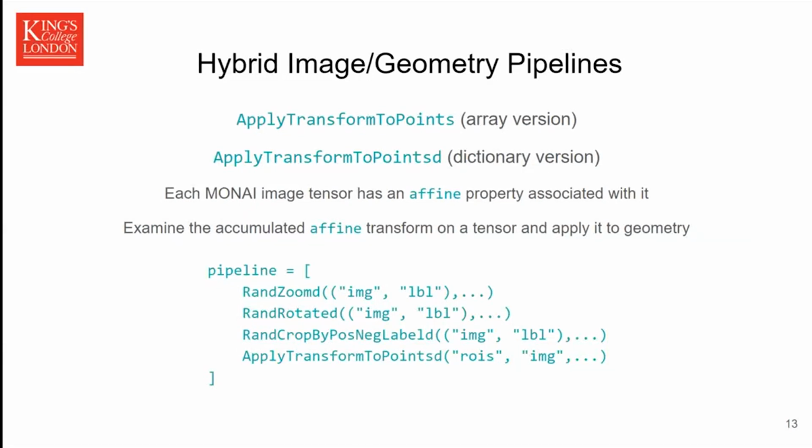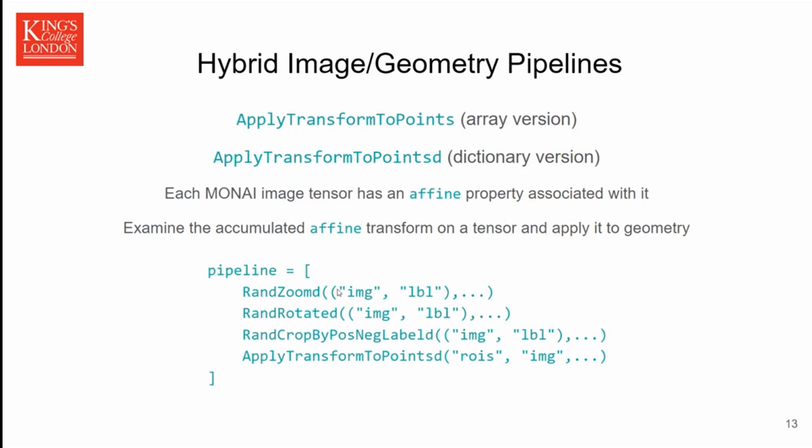We've introduced this new method called apply transform to points, and there's a dictionary version as well. So essentially what it does is, if we have this pipeline that you can see here, where we apply a zoom augmentation, maybe, and we apply a rand augmentation, maybe, and we apply a rand crop, then each of these operations has updated the affine matrix of the tensor.